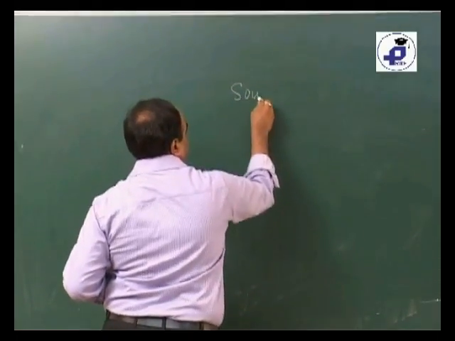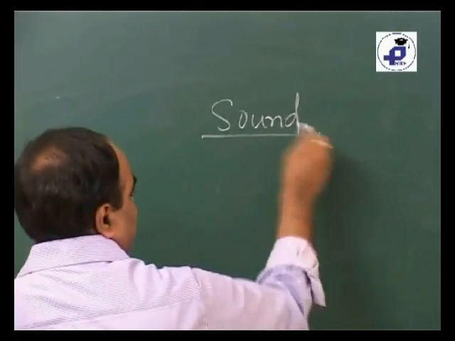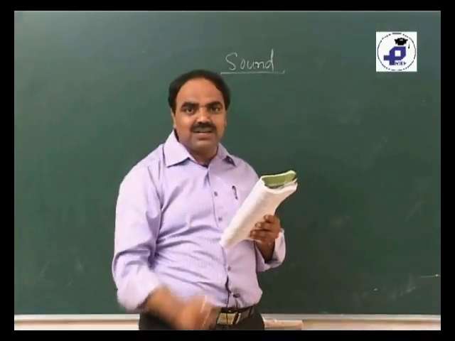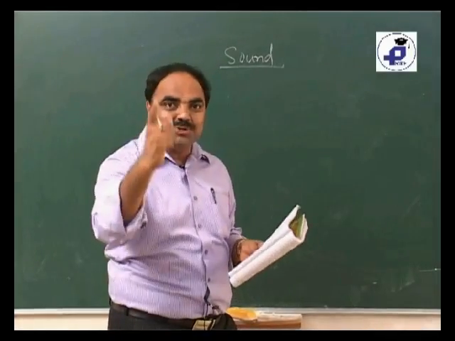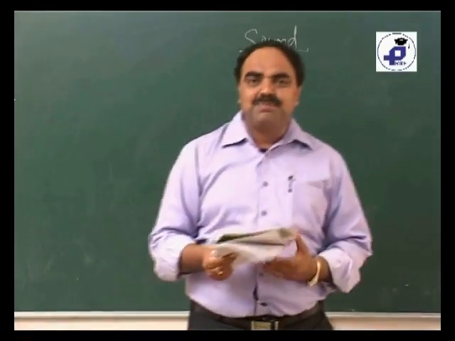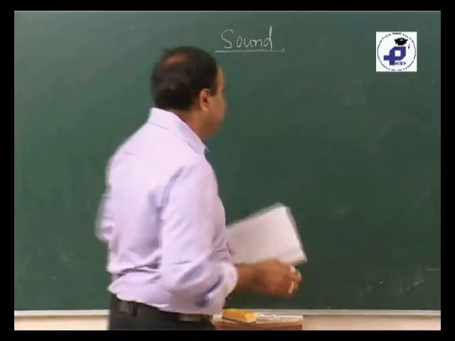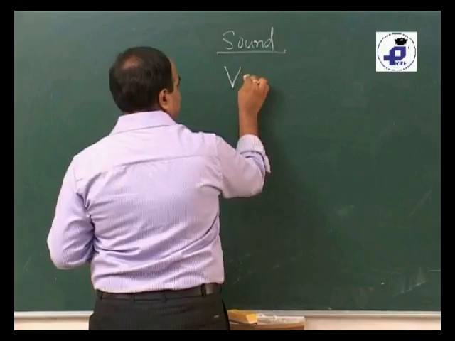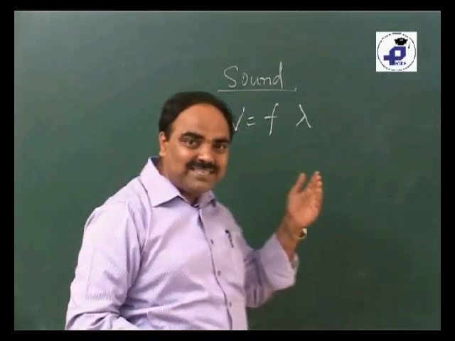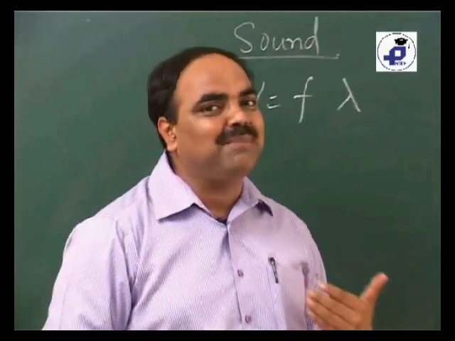Sound. S-O-U-N-D. I think my sound is heard clear to you. This chapter is answered very well. Speed of the sound is measured by using the formula V is equal to f lambda. Long back we studied c equal to f lambda.